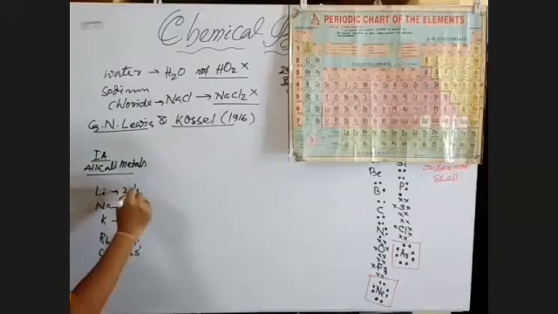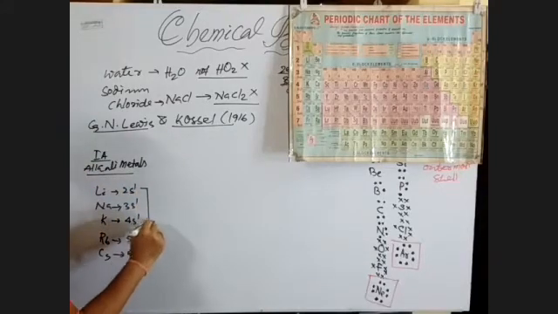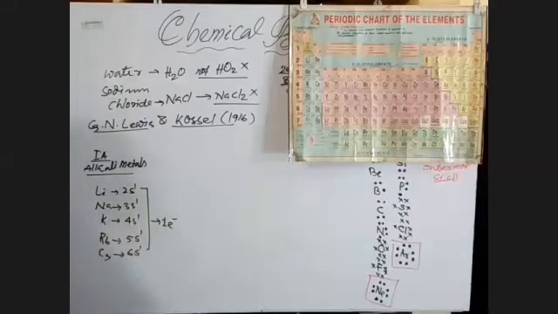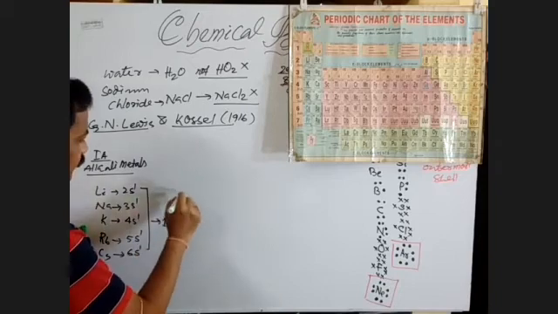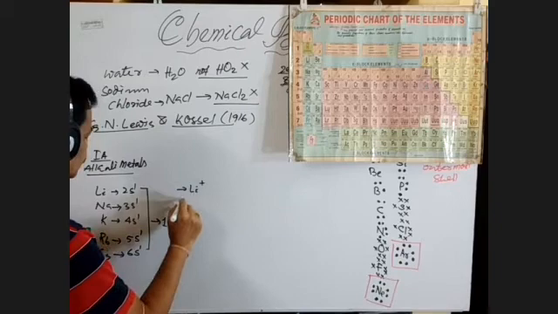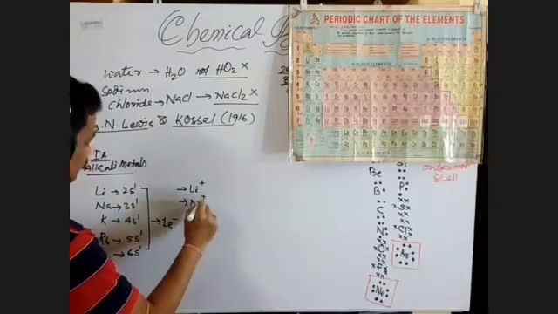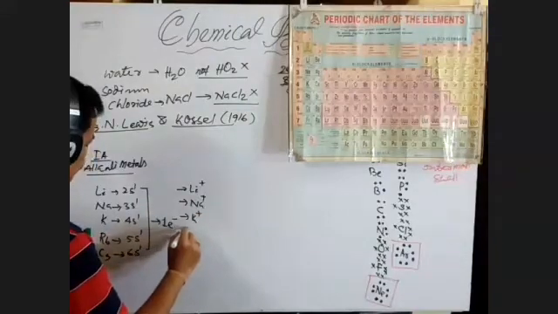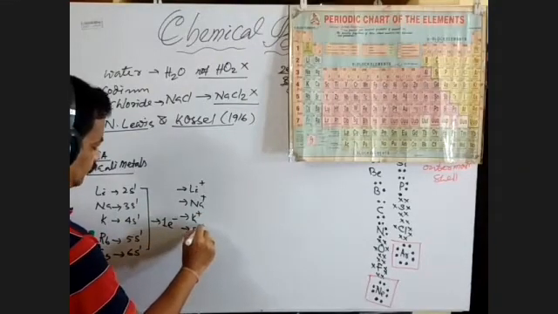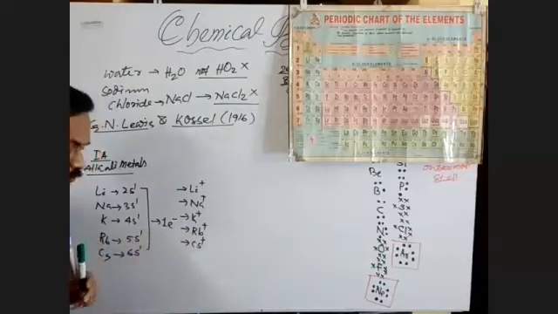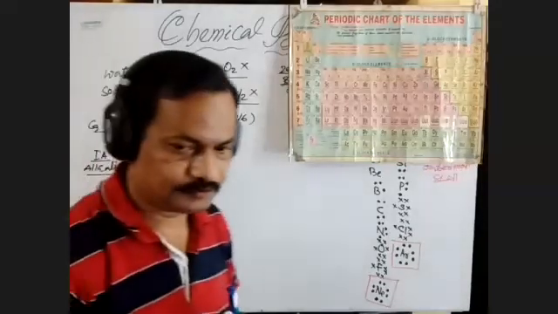That's why these elements have a tendency to lose one electron to form Li+, Na+, K+, Rb+, and cesium.